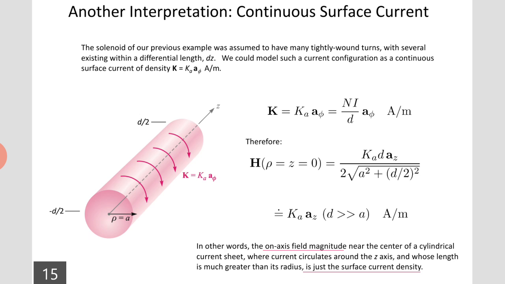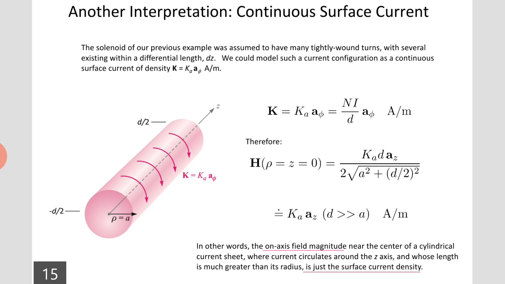Each sheet can be treated as a continuous surface current of density K equal to K aφ, as you can see in the figure. The expression is K aφ equal to N I divided by d aφ, where K is nothing but N I divided by d.